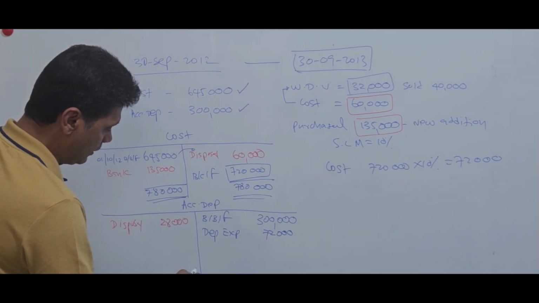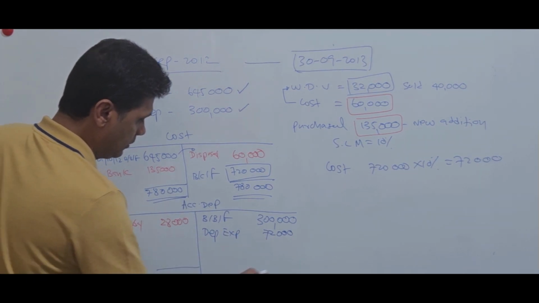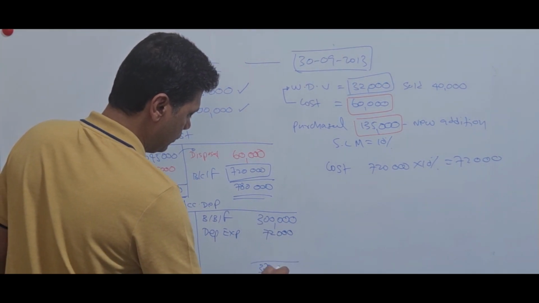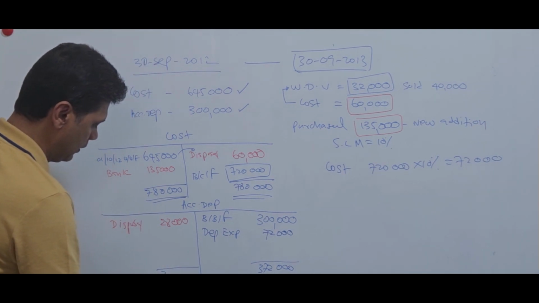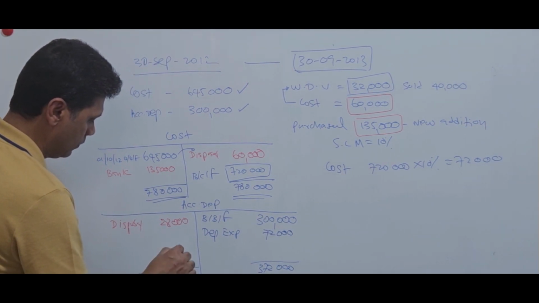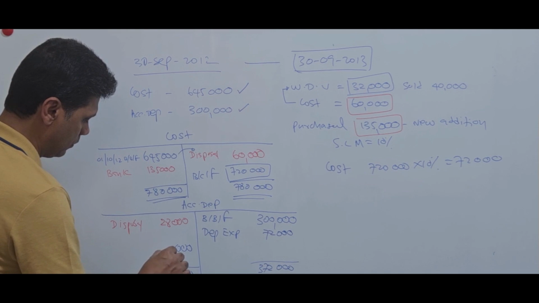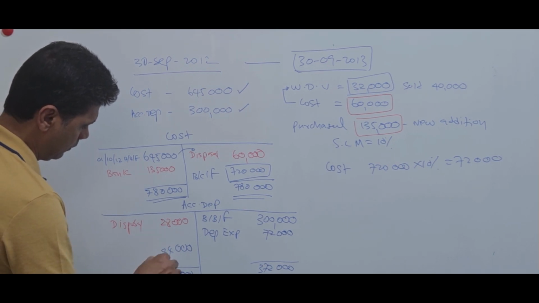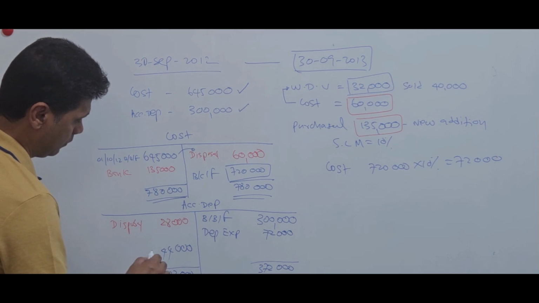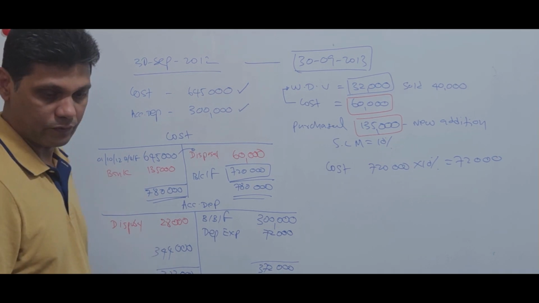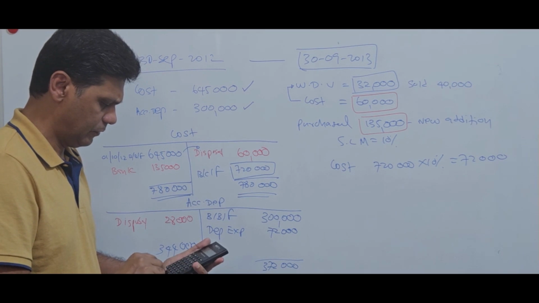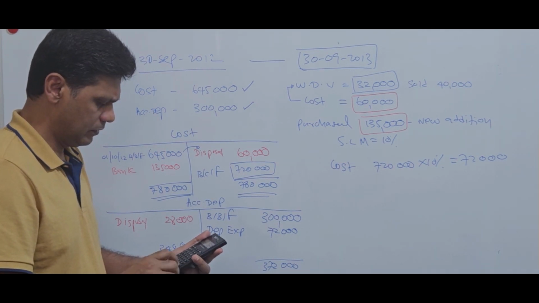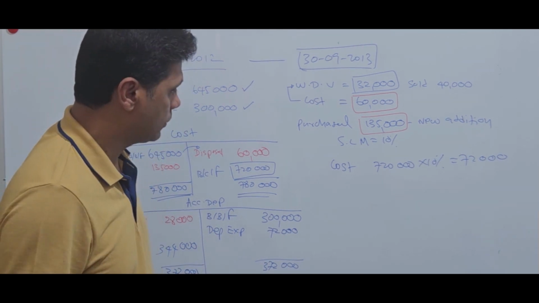When you balance this, what is the carrying forward balance? 372,000 minus 28,000, so 344,000.